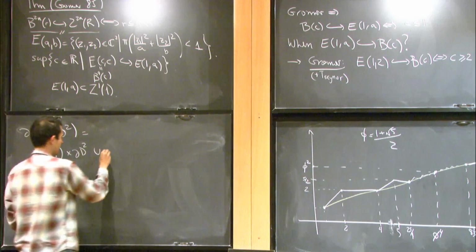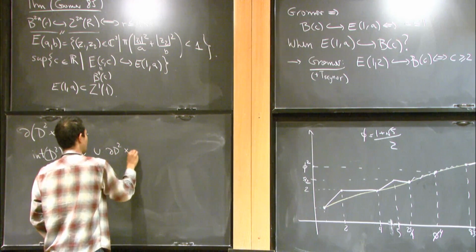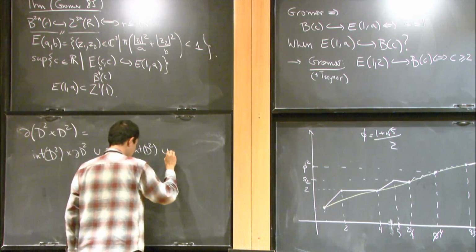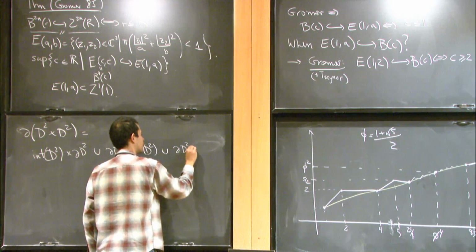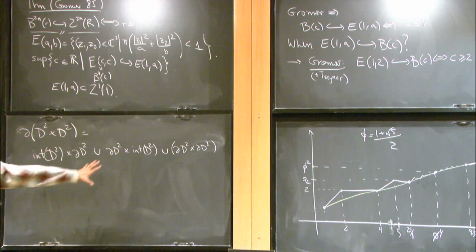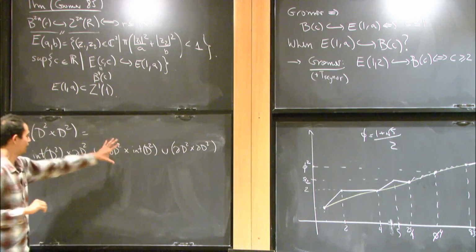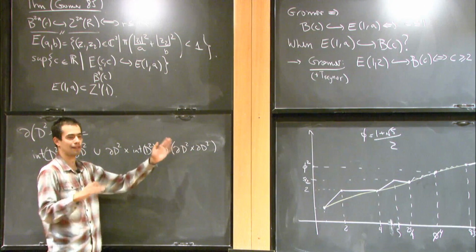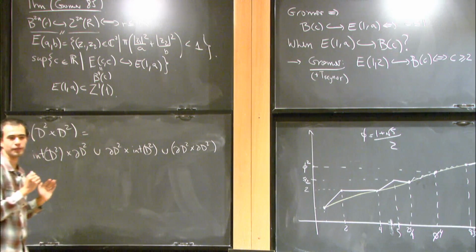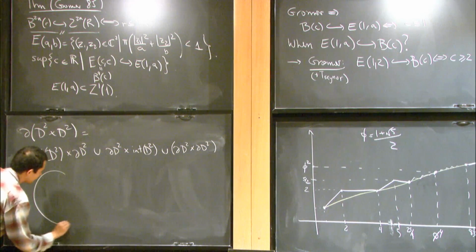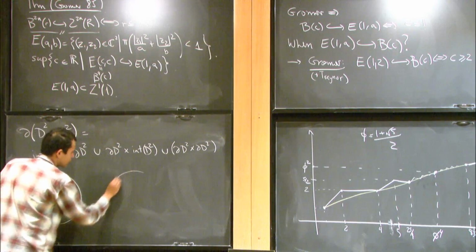You have the boundary of the first one times the interior of the second one. And then you have the product of the two boundaries. I'm going to ignore this part for now and just consider these two. You have to see what's happening here, but this is like the corner of this manifold, so it's a little bit more subtle. I'm going to draw it schematically like this. So I have two disks.